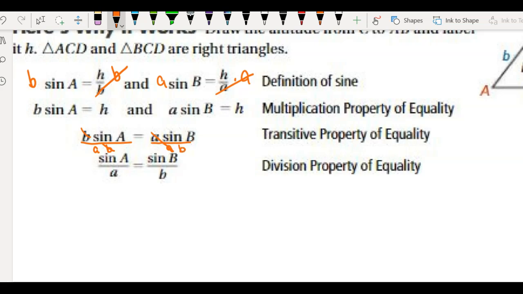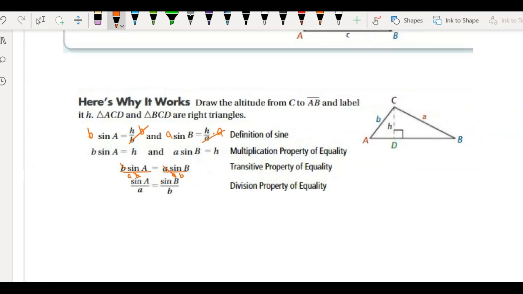What I do to one side, I have to do to the other to keep my equation balanced. So now I have the sine of angle A divided by a is equal to the sine of B divided by b. So that is why we have the law of sines.